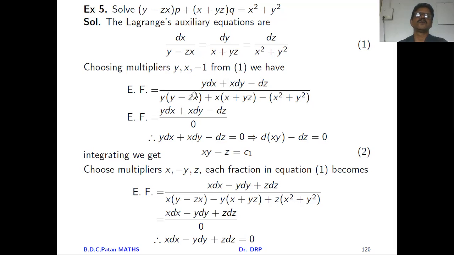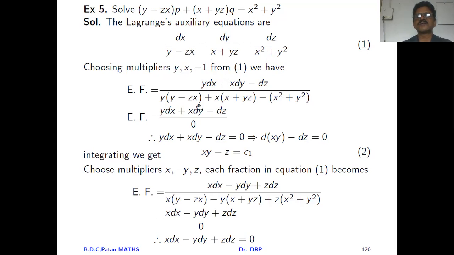So if you use one set of multipliers as y, x and minus 1, then from equation 1 we can write each fraction as (y dx plus x dy minus dz) upon, multiply this by y, this by x, and this by minus 1, and take the addition.